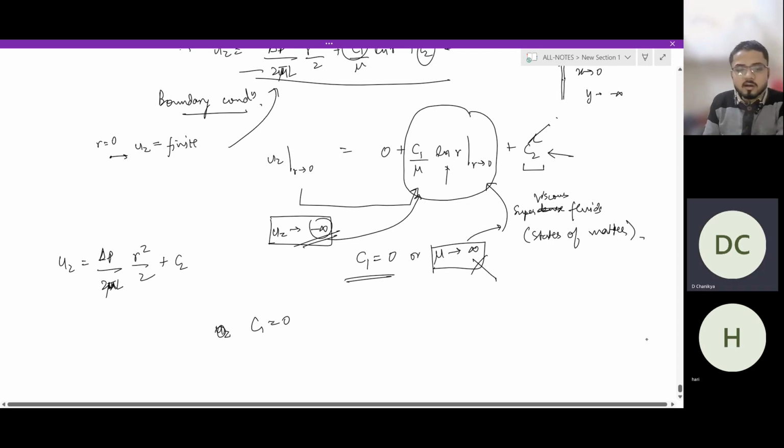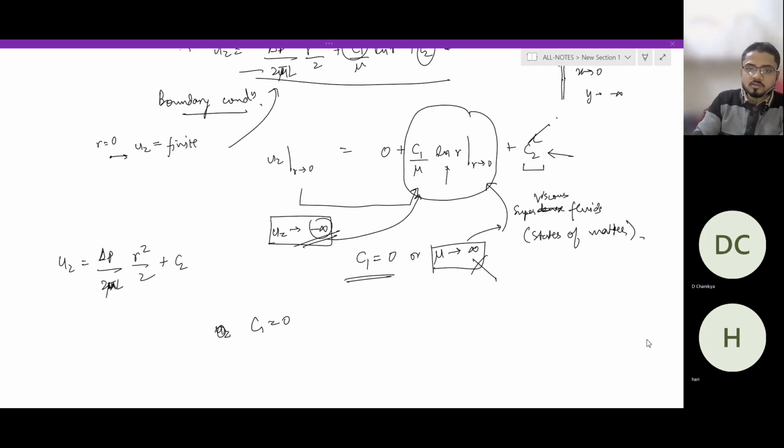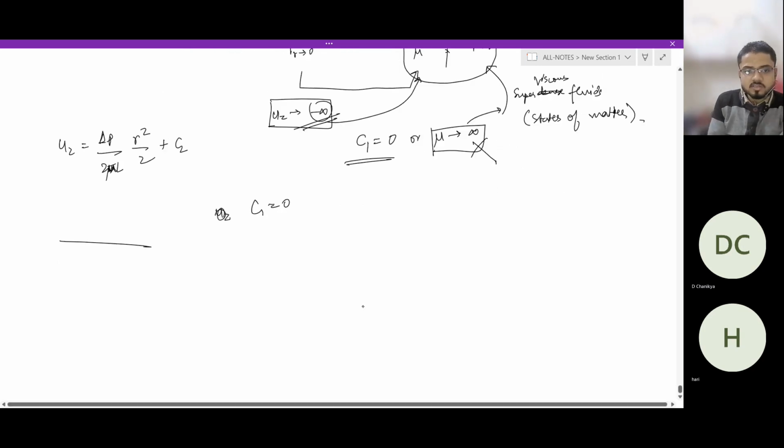Now, another thing that you need to notice is that at this boundary, you have uz, right?